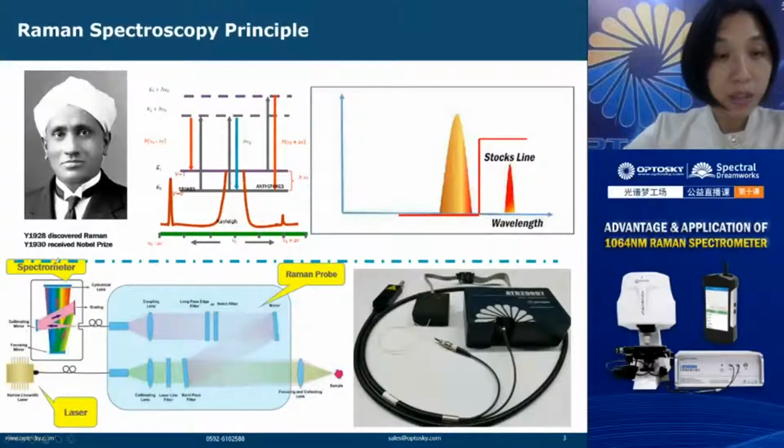We can see that a Raman spectrometer is made up of three components.